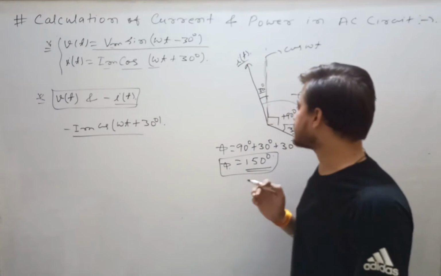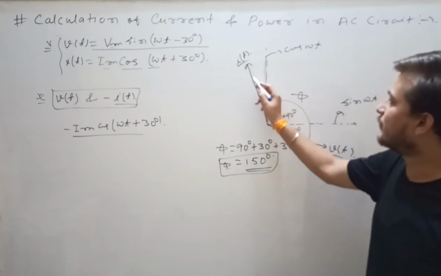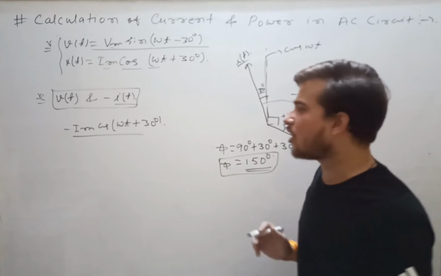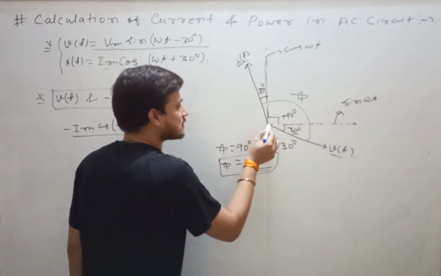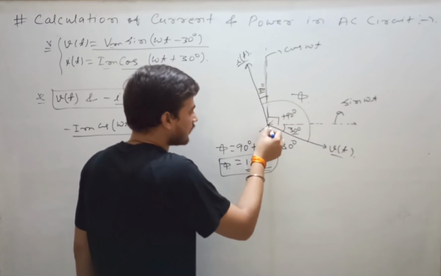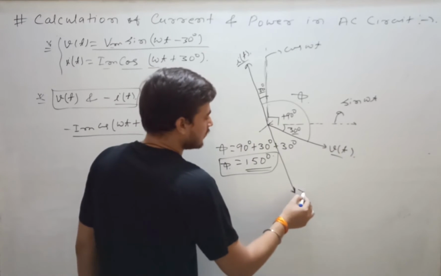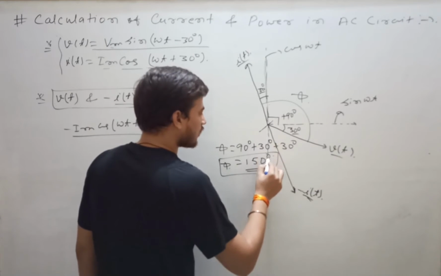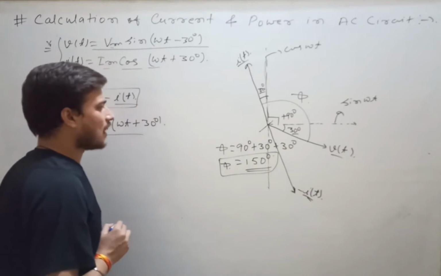For plus It you have already drawn. Now to draw minus It, it will be just the reverse. Reverse means here it will be like this. This is the phasor of minus It.